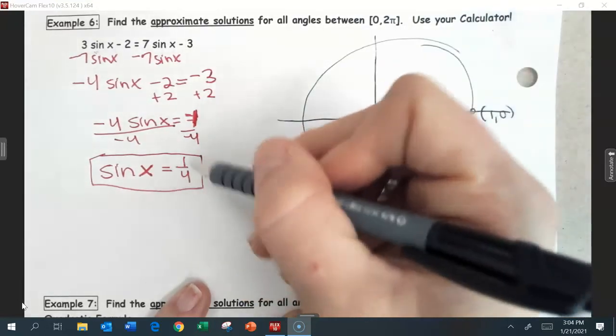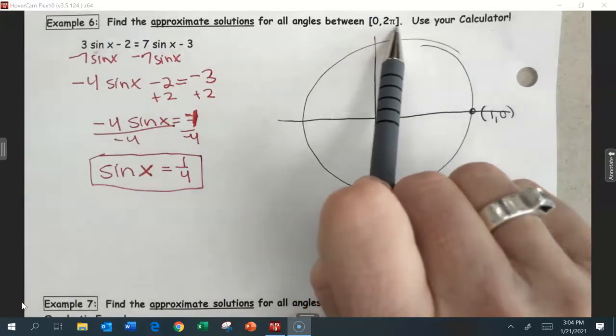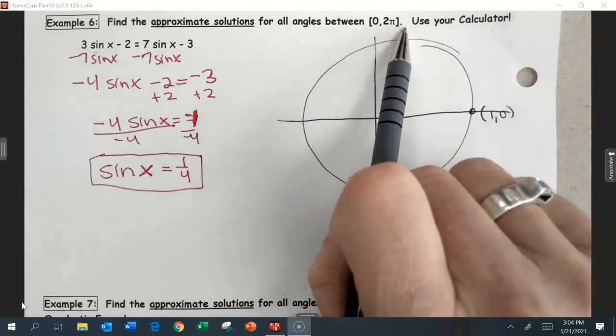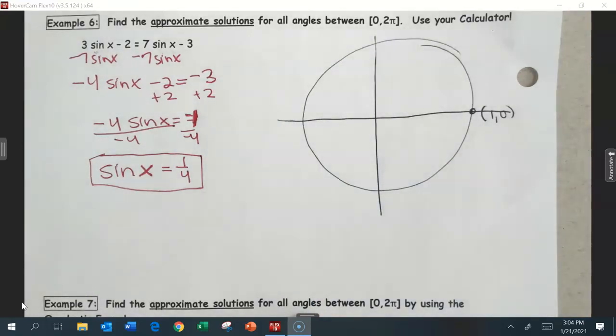This doesn't belong to one of those coordinates. So this is where we have to be careful about what we are doing. Because I gave you the interval in radians, I really want your answer in radians, but I think what I'm going to show you is going to help you.